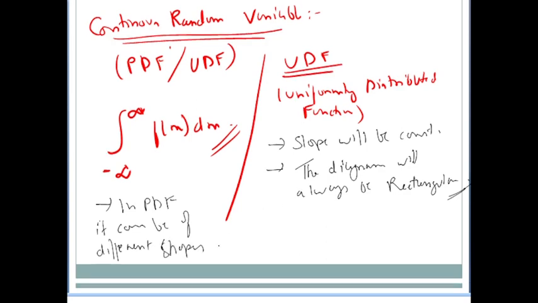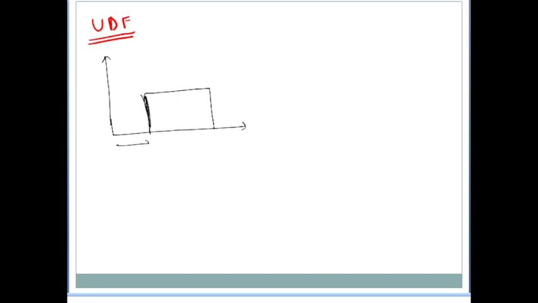Okay, now let's thoroughly discuss about UDF. In case of UDF, if we plot this, we will always obtain the diagram to be rectangular. Let's say this particular distance is A, then this particular distance is B. The height, this is fx, and fx will be fixed.